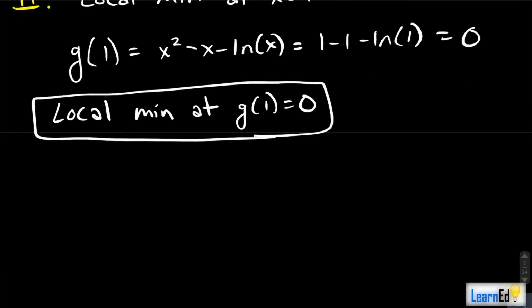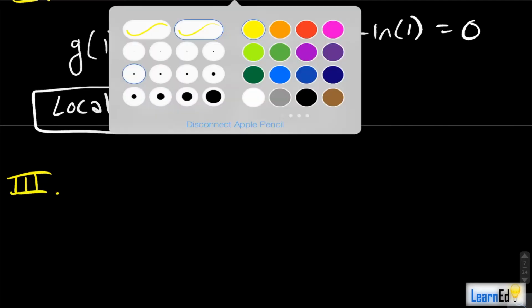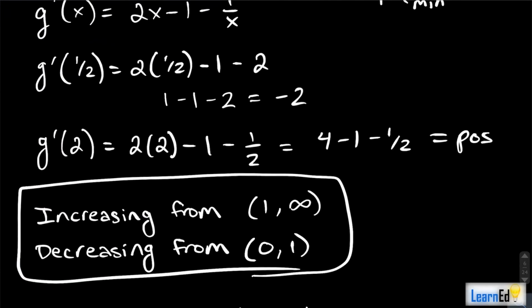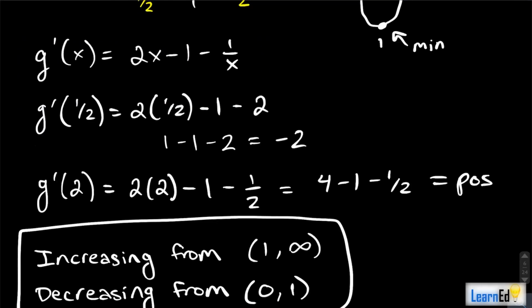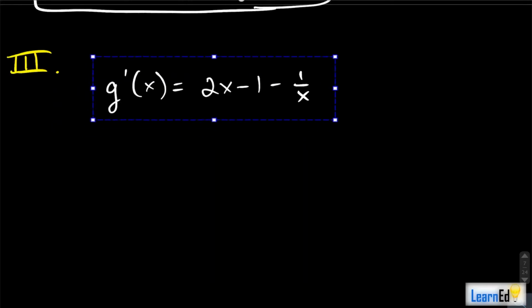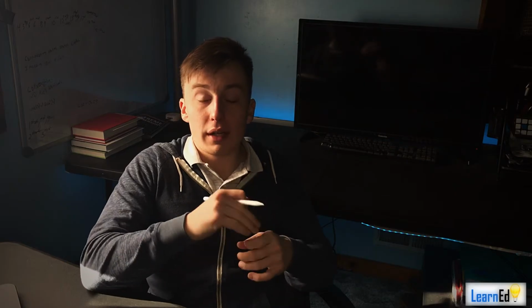Then we move on to our last part, which is checking for concavity and inflection points. So we have to take into account our g prime of x here and take a derivative of it. Remember, our second derivative tells us the inflection points, where the second derivative is equal to 0, and it also tells us the concavity.